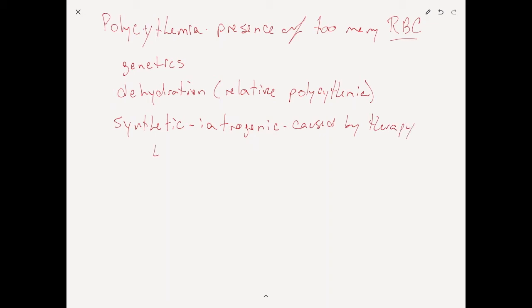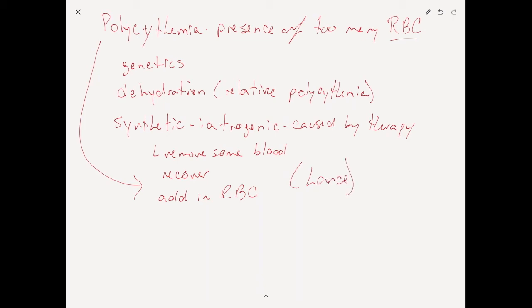If you take your blood out, remove some blood, recover, and then add back in the red blood cells that you took out, that's going to cause polycythemia. This is what Lance was doing, in addition to taking synthetic EPO or epoetin to cause his body to form new red blood cells synthetically.